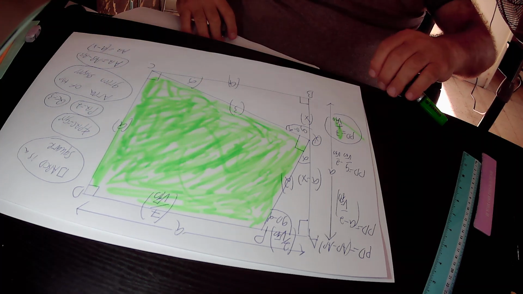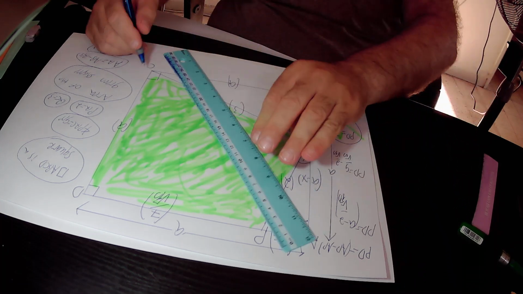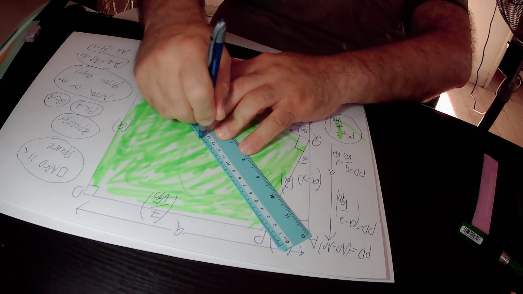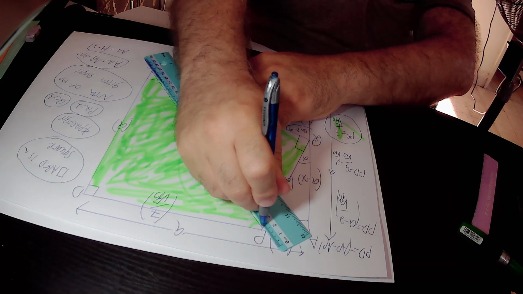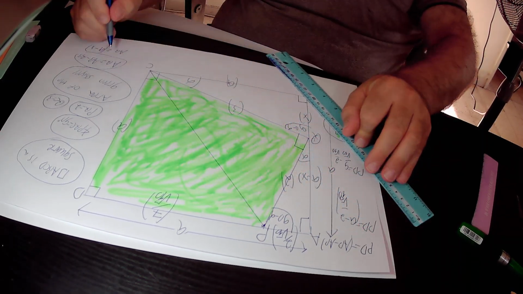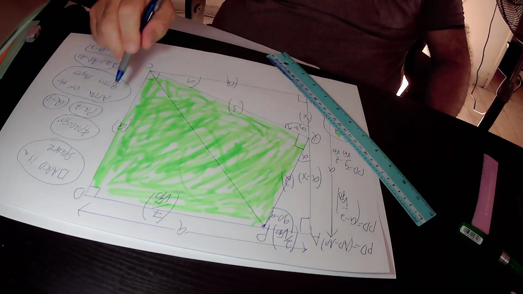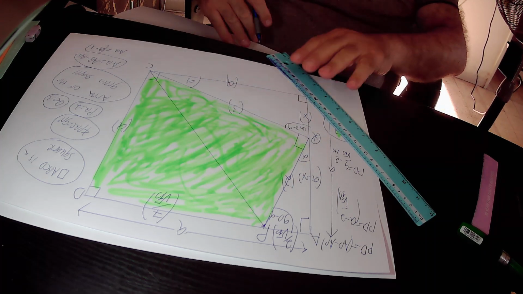In the next step, we'll join points P and C together by a straight line. By joining points P and C, we created two right angles, the right angle PDC and the right angle PQC. So what is the area of the green shape?